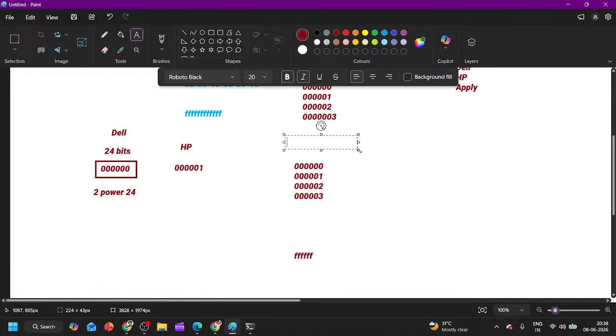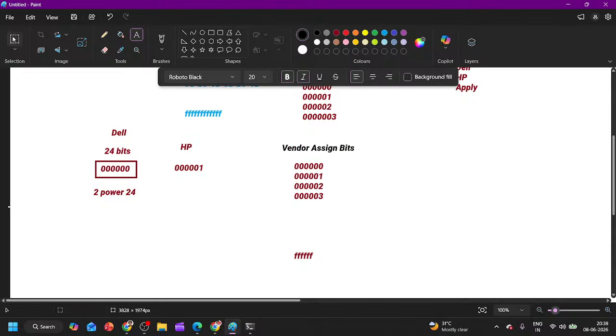How many bits? But we cannot use that last F for any device, right? Wait, now let me finish. The vendor assigns bits.